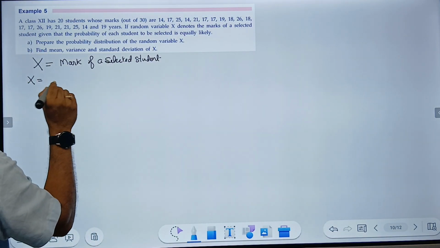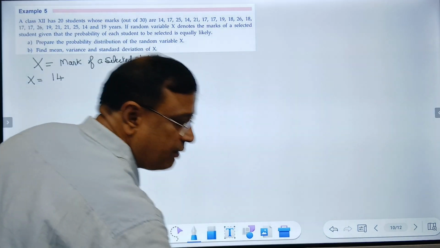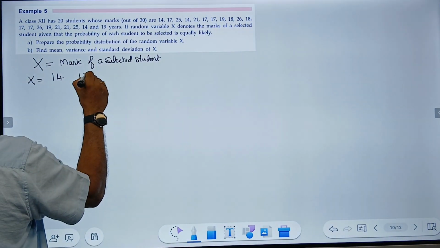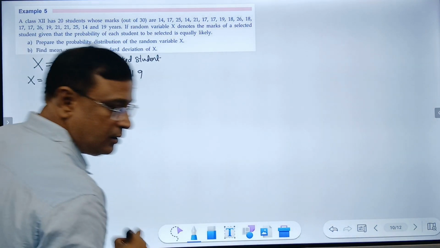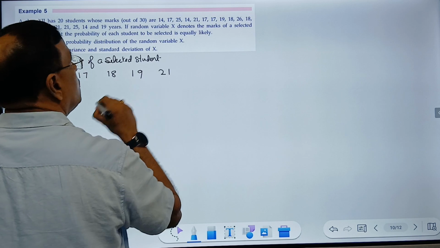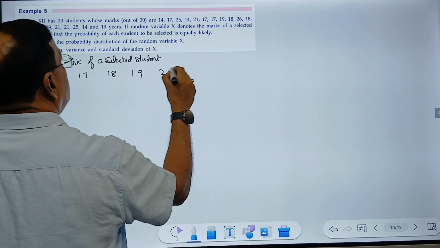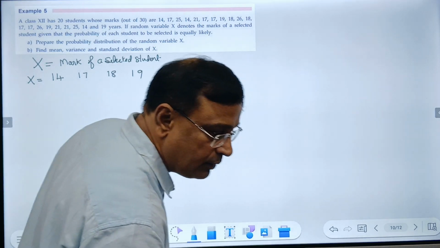The marks they have got are 14, and then 17, 18, 19, 21, and then 25 and 26.